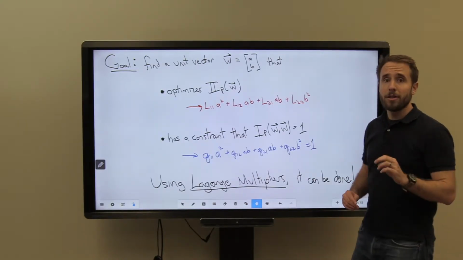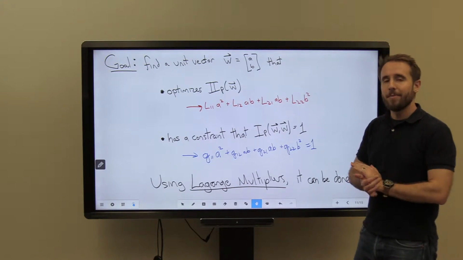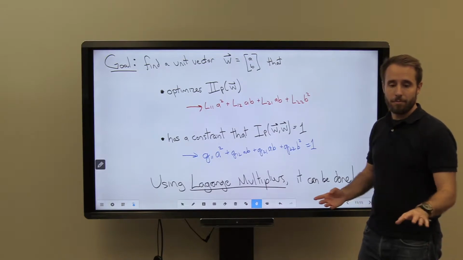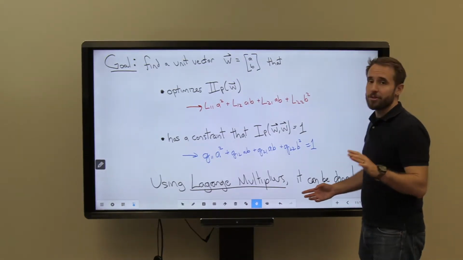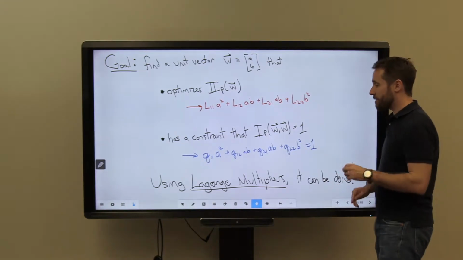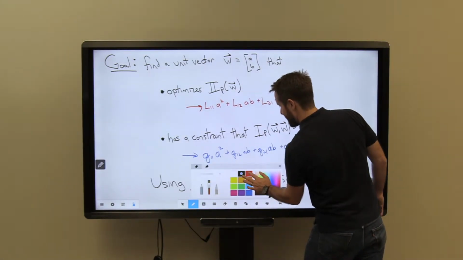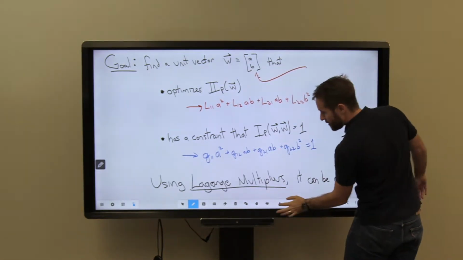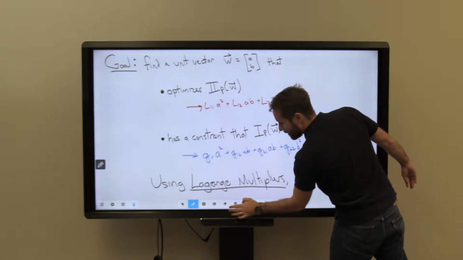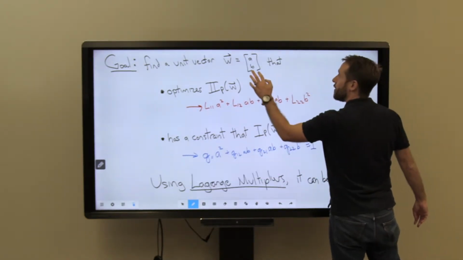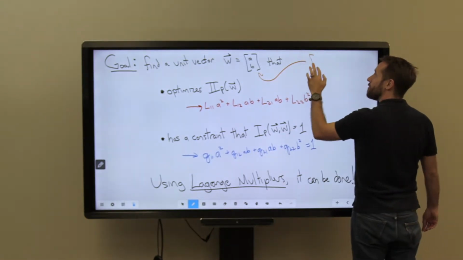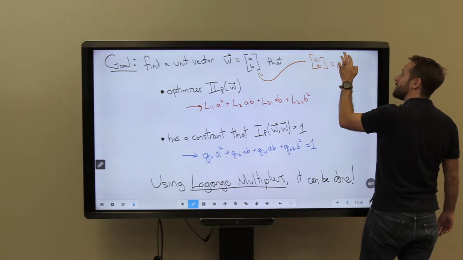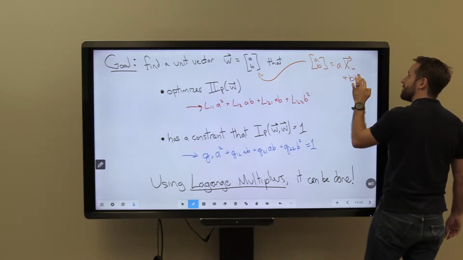First, our goal is to try to find maximum and minimum values of a curvature expression, right? And so we are trying to find, maybe to set it up nicely, a unit vector in our tangent plane. So this is a vector w, and we'll represent it as the expression (a, b), with the understanding that this really means a x_u plus b x_v, right?